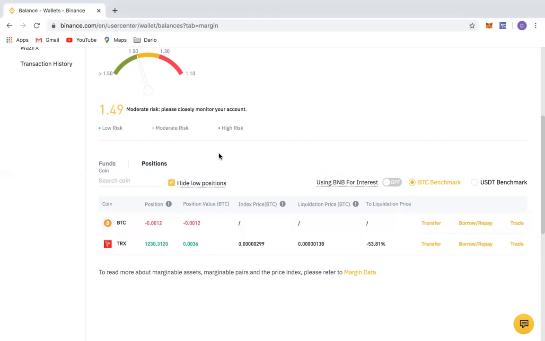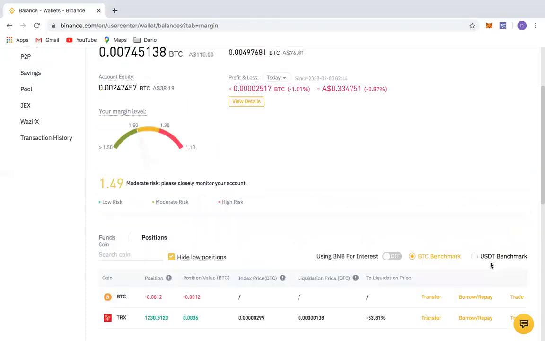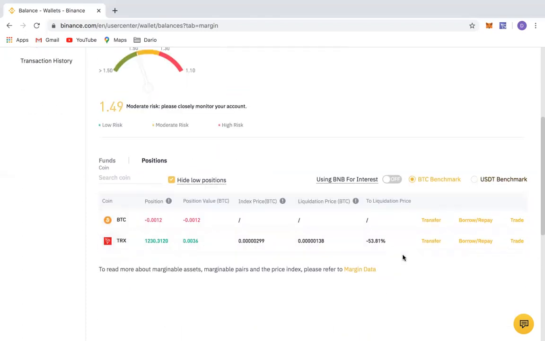But make sure you work out the platform and how it works properly before you go into this kind of stuff. So I showed you now how we can loan 3 times, we can borrow, buy Tron.